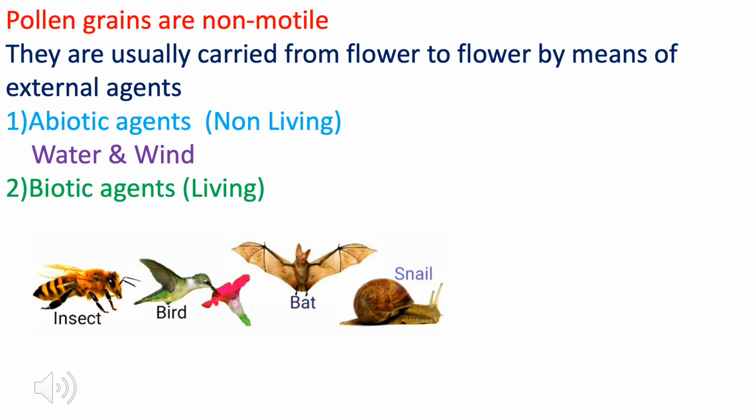So here we have categorized the agents as abiotic and biotic. Abiotic agents are the non-living agents, and biotic agents are the living agents. Under abiotic agents, we can study water and wind, and under biotic agents, we can study the living organisms which directly or indirectly help in the process of pollination.